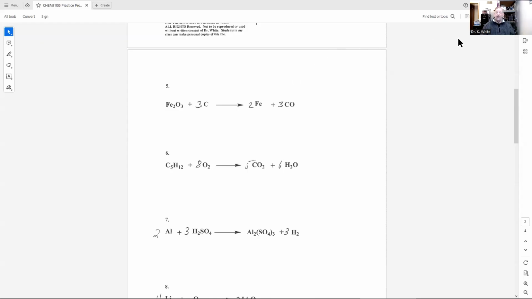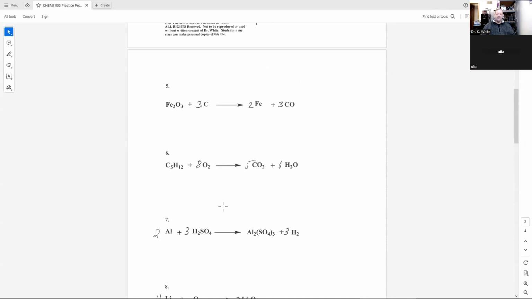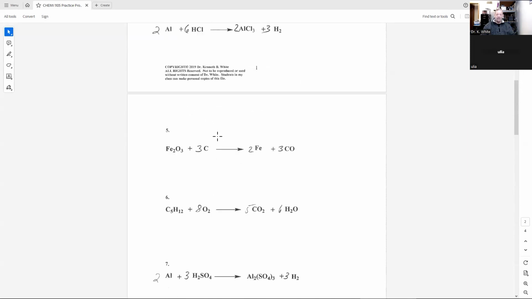Now, one of the things I want to do real quick, because I forgot to do it yesterday: on test 2, there will be some questions where you have to balance equations. Remember, you get the same number of atoms of each type on each side of the arrow.